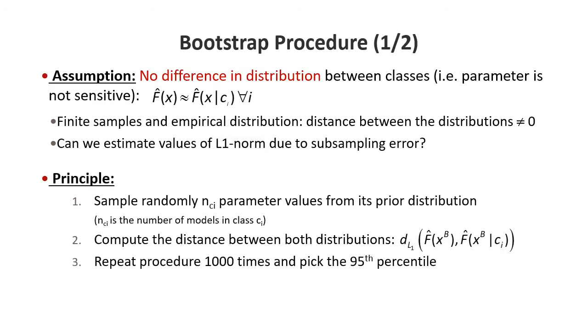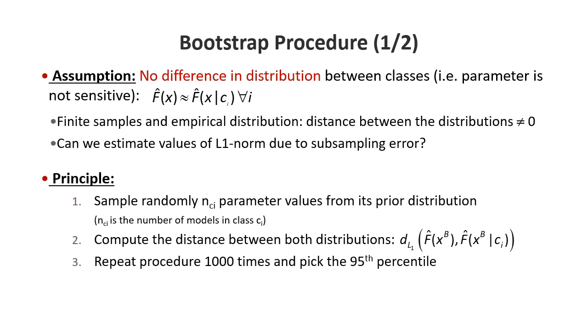Okay, so how do I verify that Z is indeed not sensitive? The typical hypothesis testing idea is we assume there's no difference, and then we'd like to reject that hypothesis, the typical hypothetico-deductive reasoning. So we assume there's no difference between classes. That means essentially that those distributions are exactly the same.